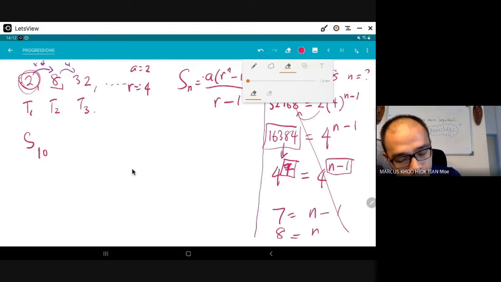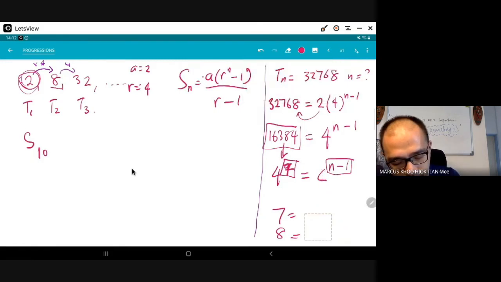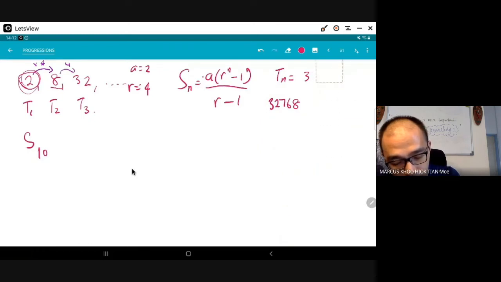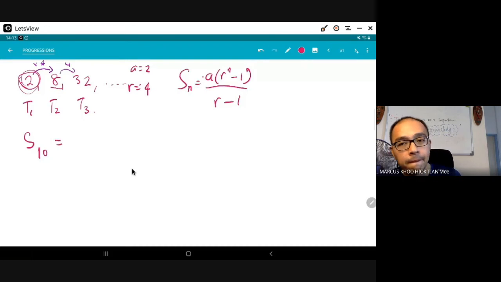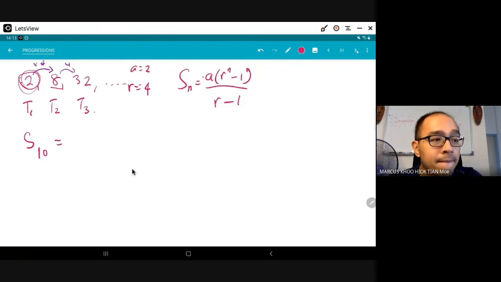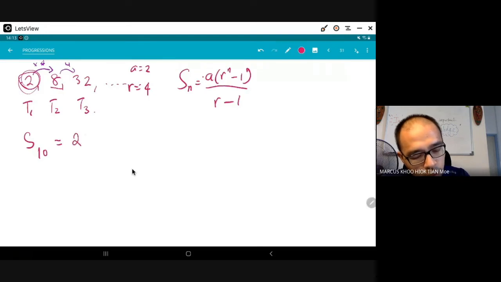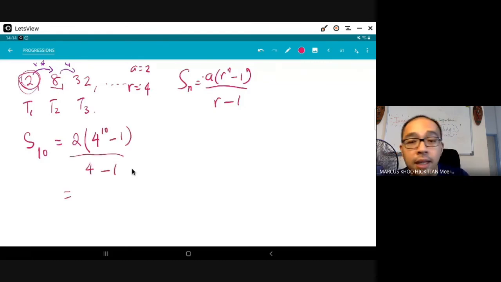Find S10. 699,050. Let's see. 2 times 4 to the power of 10 minus 1 over 4 minus 1.